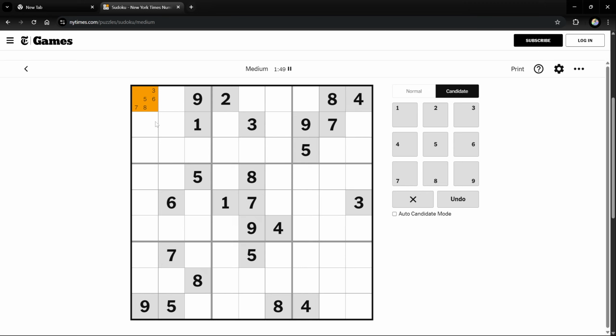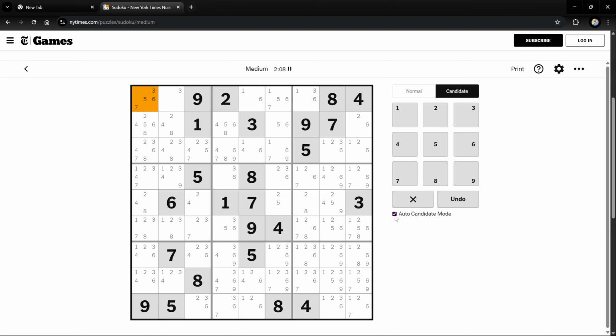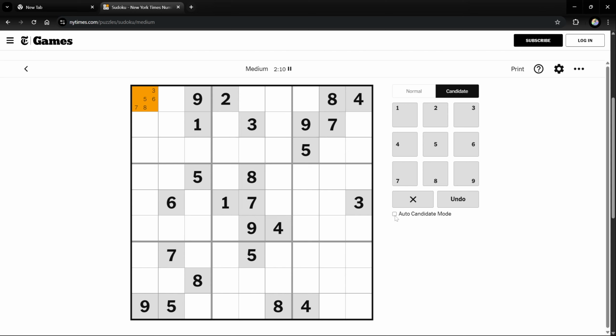Now, there's a mode called auto candidate mode. You can click on this, and it'll do the exact same thing for us, but it'll fill in the whole puzzle. So if I click on this, boom.